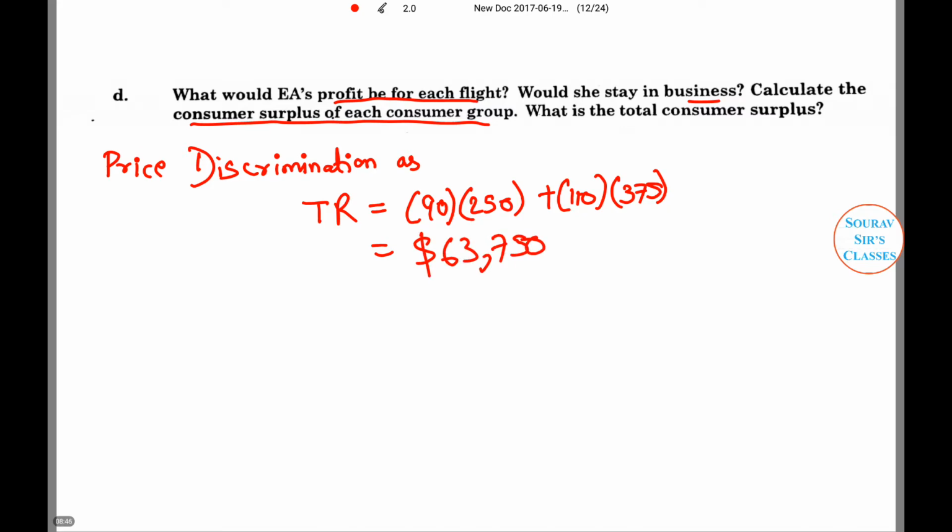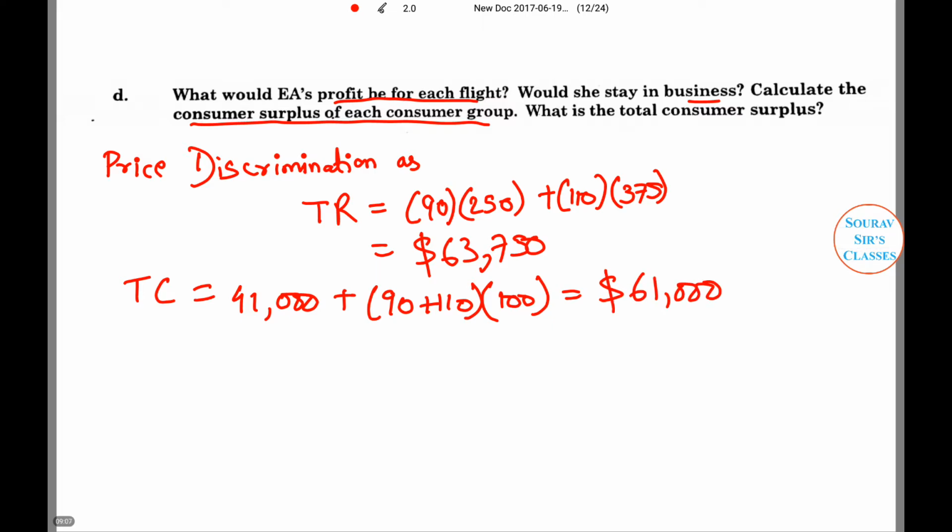Now the total cost is 41,000 as earlier from the question, plus 90 plus 110 times 100, giving us $61,000.